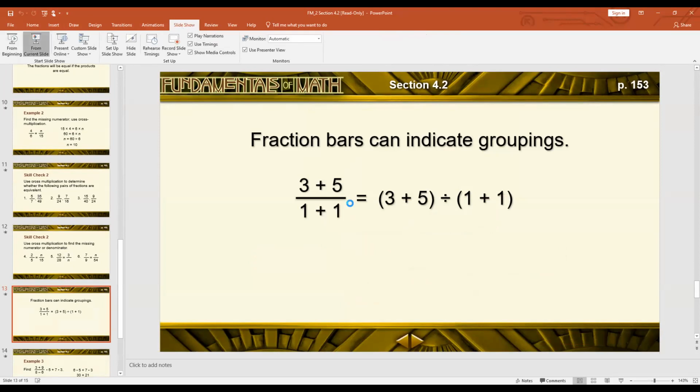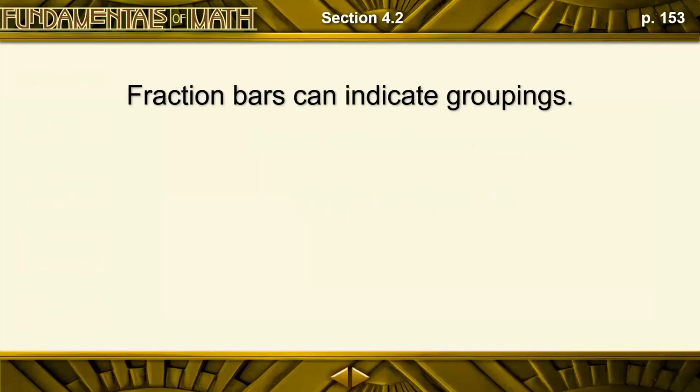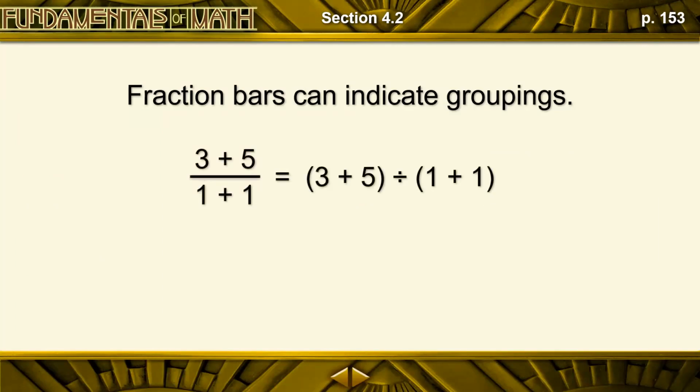Okay, so right there under skill check 2, it says fraction bars can indicate groupings. And so the example they have, if you have 3 plus 5 over 1 plus 1, those are simply the groupings 3 plus 5 divided by 1 plus 1.